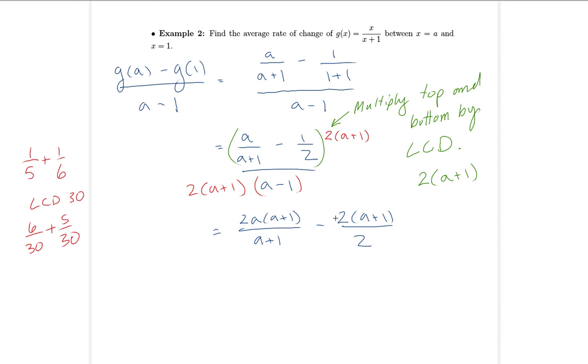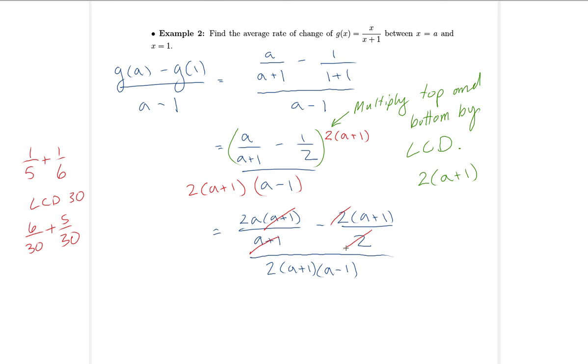Well, I can see the 2s are going to cancel. Now I have kind of this mess on the bottom, but here's where I'd really encourage you to be as lazy as possible, because you might be able to cancel some things out on the bottom with what's on top. And if you are going to do that, you want it all factored anyway. So don't put yourself through more work by multiplying all this out. Just leave it exactly the way it is. Okay?